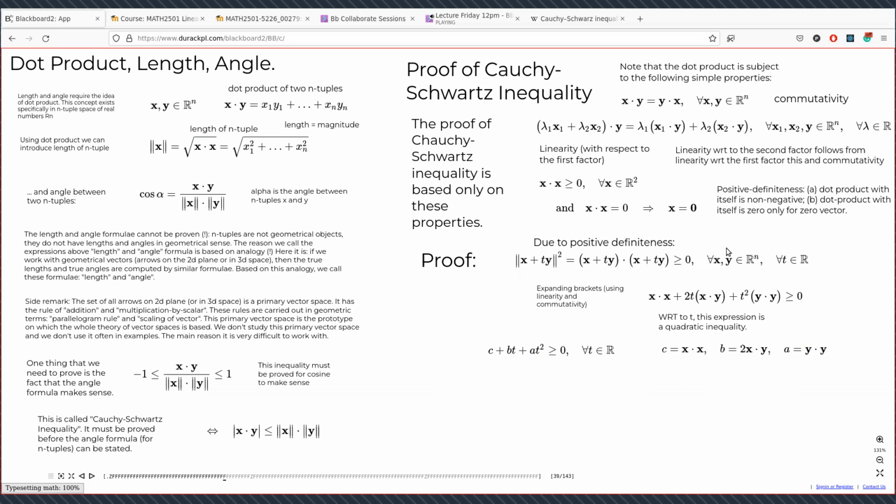Here a and c are x dot x and y dot y, and b is double x dot y. If you just name these a, b, c, it becomes a very familiar quadratic expression. And what we know about this quadratic expression is that it's non-negative for every t, because it originally came from positive definiteness.